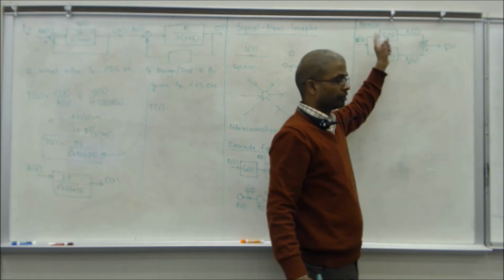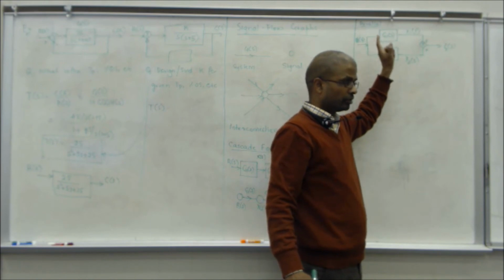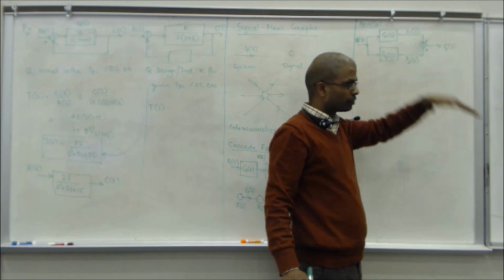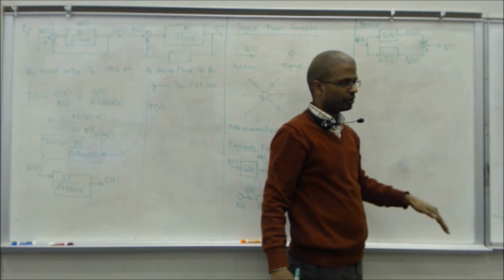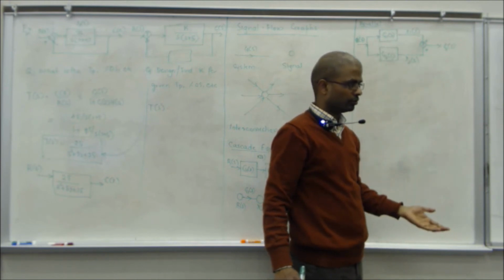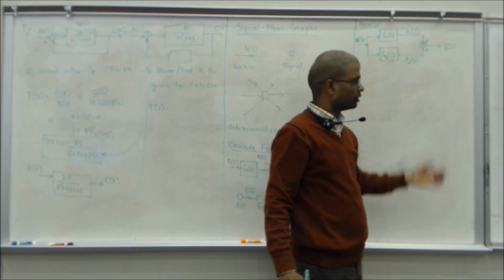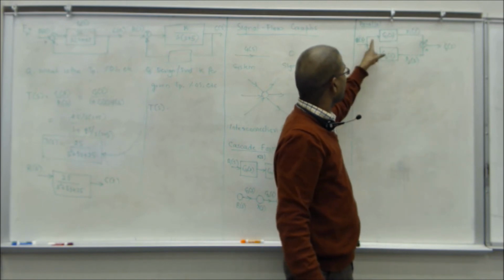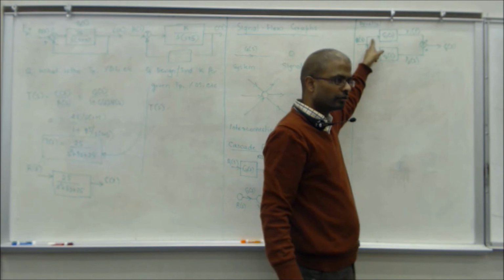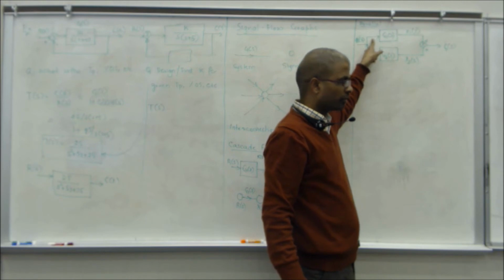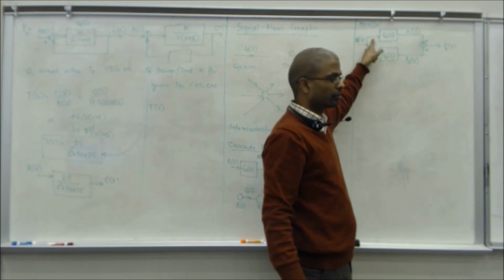G1 is not a signal. G1 is a system. When a signal goes through a system, it doesn't remain the same. It changes its form, right? Does R of S change here?